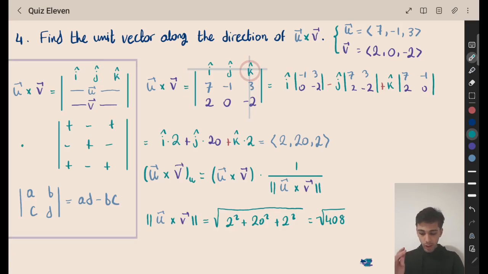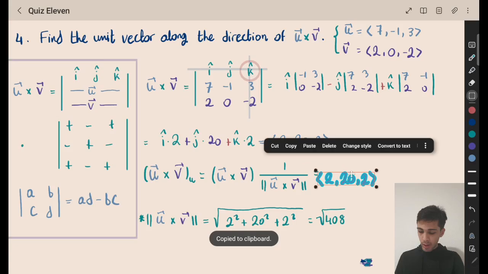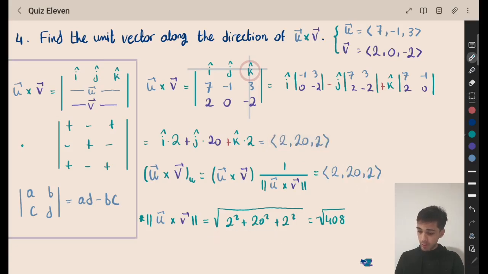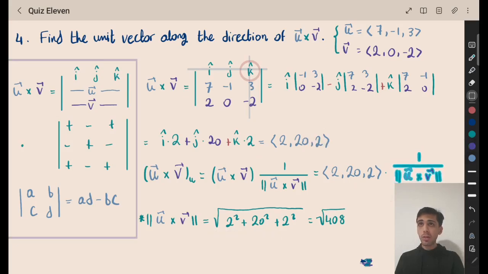Anyway, if I'm successful with these steps, then the answer should be to take u times v, which is precisely this set of coordinates, and divide it by the norm. And the norm is square root of 408.